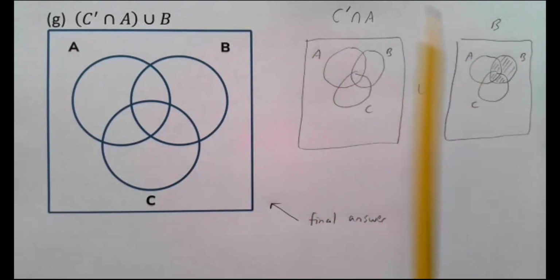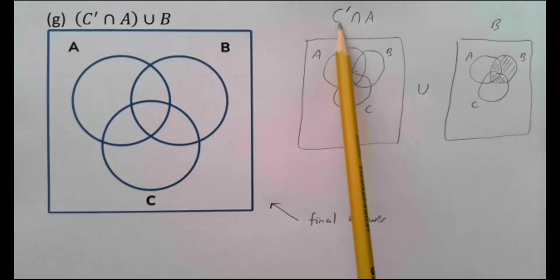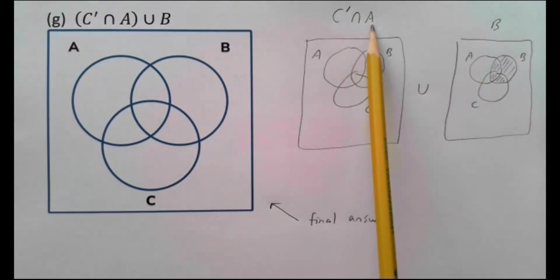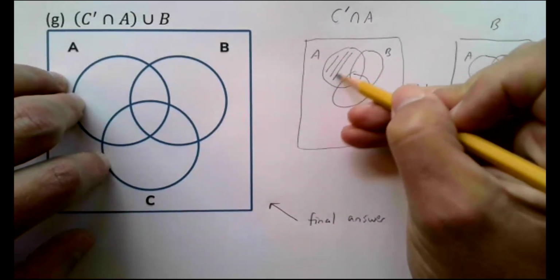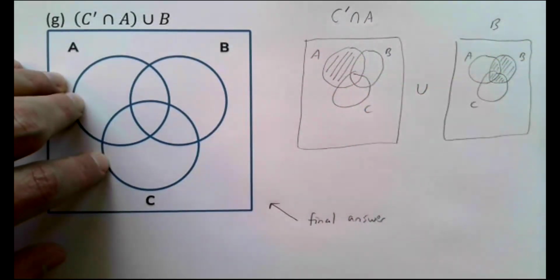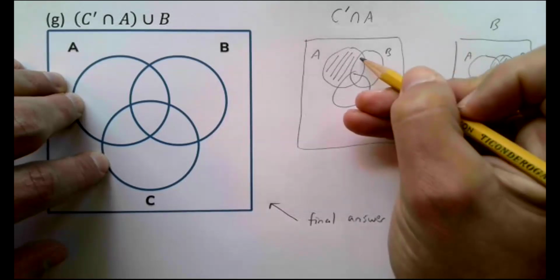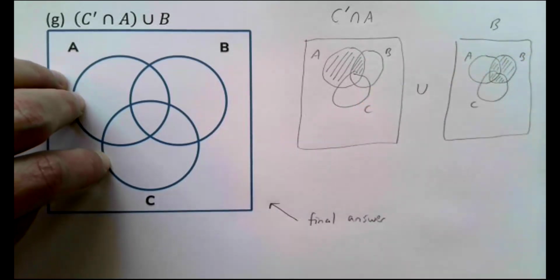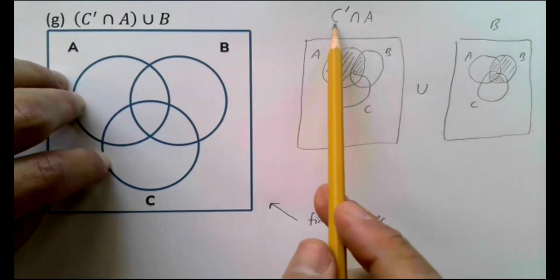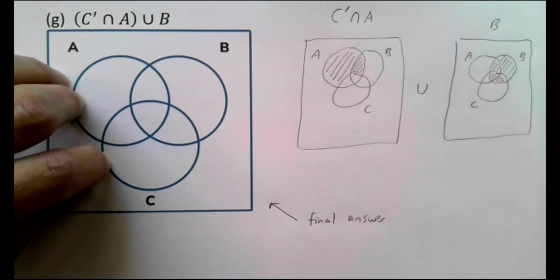So what I'm going to shade right here is everything that is at the same time not in C, but it is in A. Well, this part is definitely not in C, but it is in A. But I think this part here is also not in C, but it is in A. I hope that makes sense. This is all the stuff that satisfies both of those at the same time.